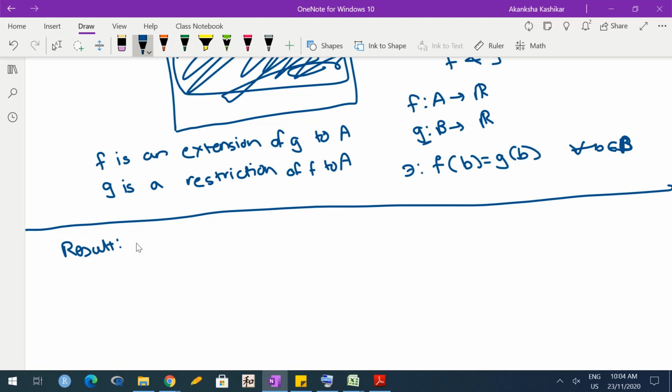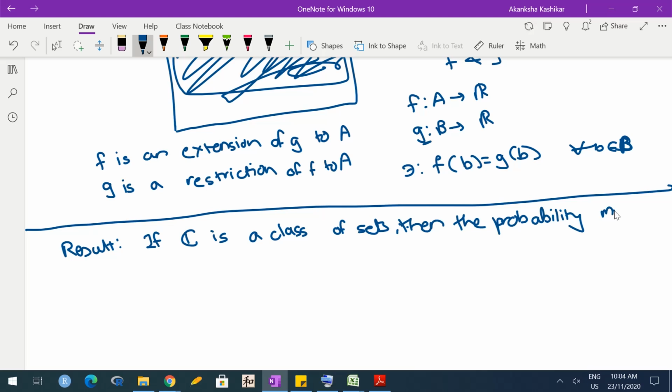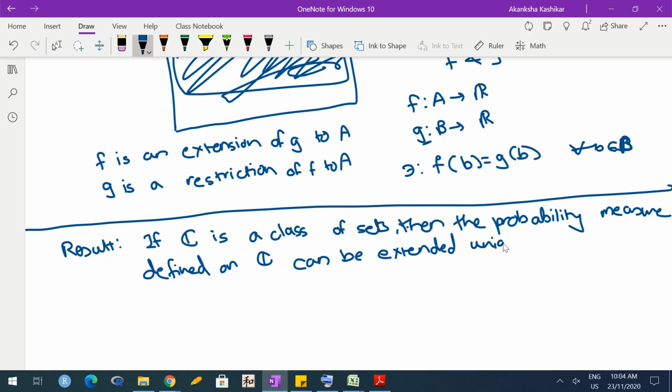The first result says that if C is a class of sets, then the probability measure defined on C can be extended uniquely to the minimal field generated by C.